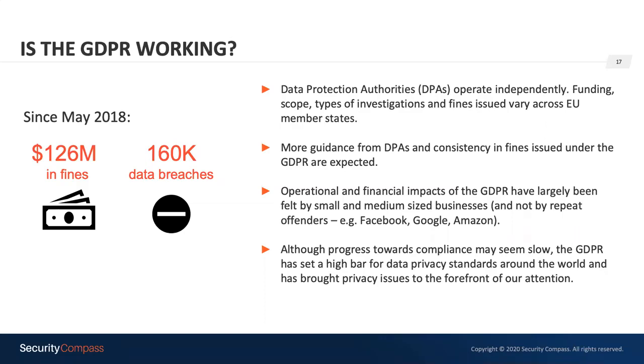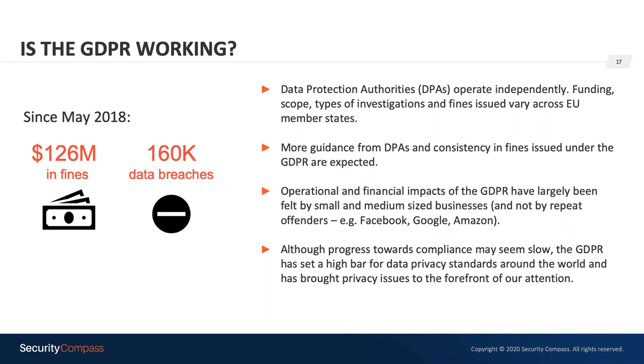Since May 2018, EU regulators have fined a total of $126 million for over 160,000 self-reported breaches under the GDPR. Keep in mind that these breaches are self-reported, and likely the number of personal data breaches in reality far exceeds that.